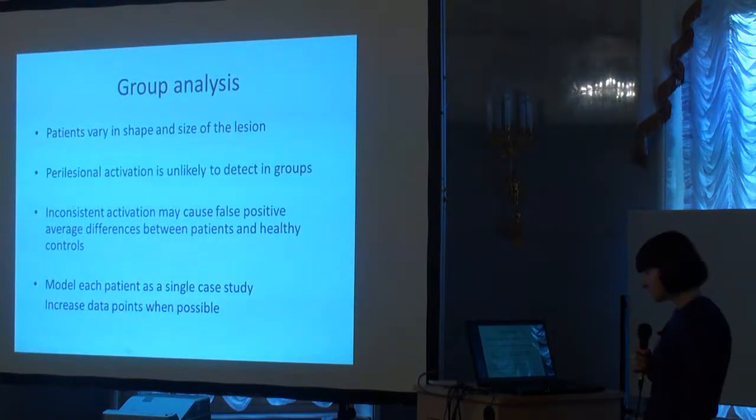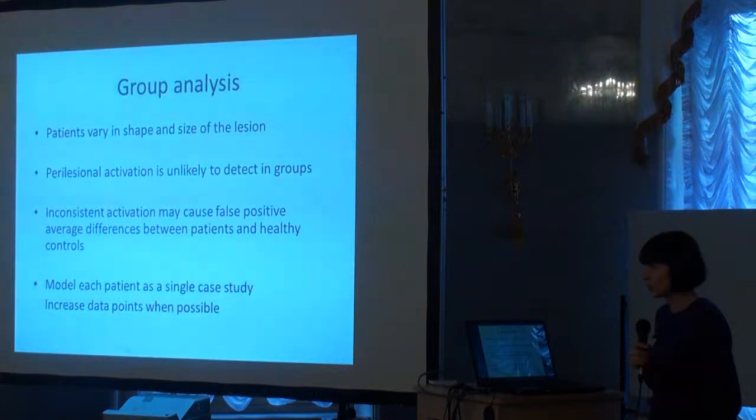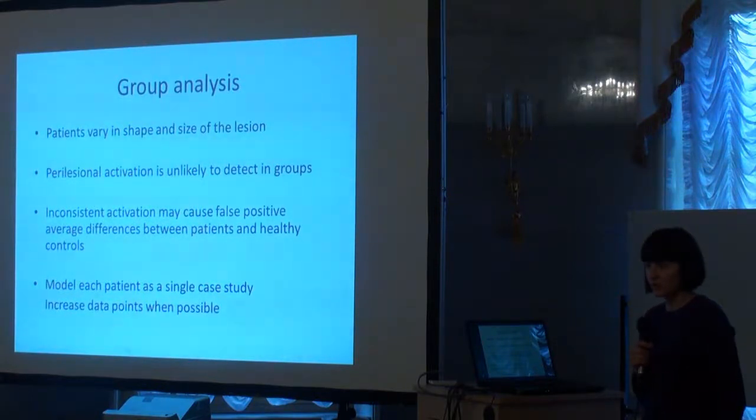Inconsistent activation in patients may also cause false positive average differences between patients and healthy controls. This is again because you do not detect all activations present in patients, so in one region at the group level you do not find activation in the group of patients, but you find a nice activation in healthy participants.